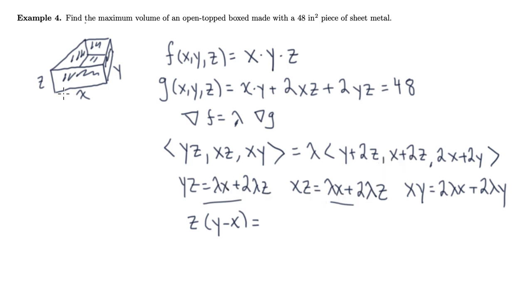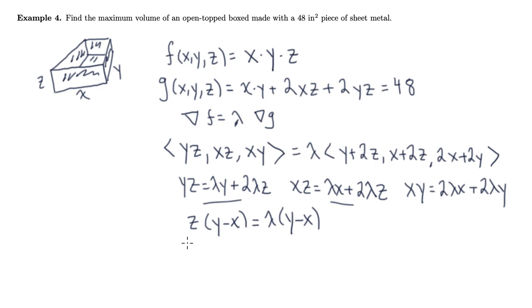This should be y, that's what's wrong. So yz is equal to lambda times y plus 2 lambda z. And when I subtract here, I get lambda times y minus x, and then the 2 lambda z minus 2 lambda z, that's 0.